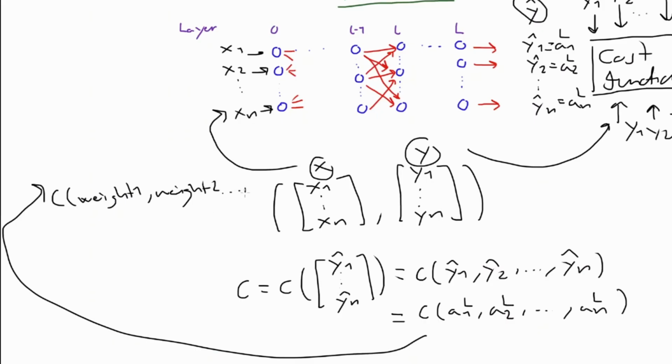in our network. So it would essentially be all the weights and all the biases within the network. And weights and biases are often referred to under the umbrella term as network parameters.